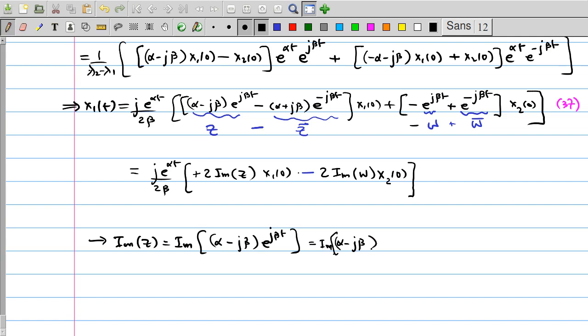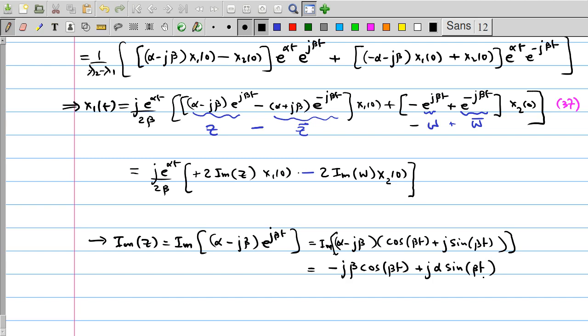Alpha minus j beta times cos beta t plus j sine beta t. Now we care only about the imaginary component. So that is going to be minus j beta cos beta t plus j alpha sine beta t, right? That's what it is.